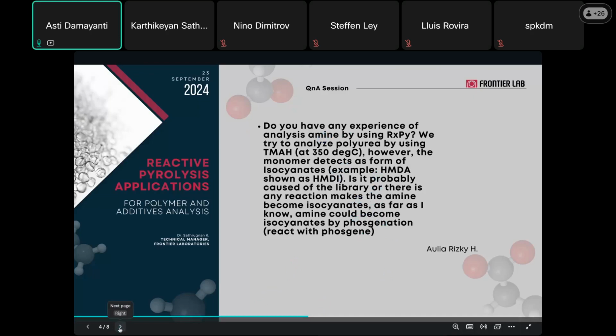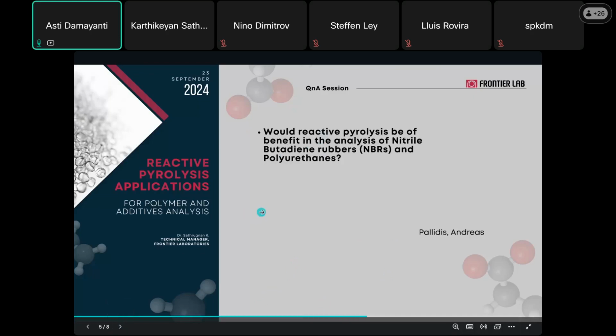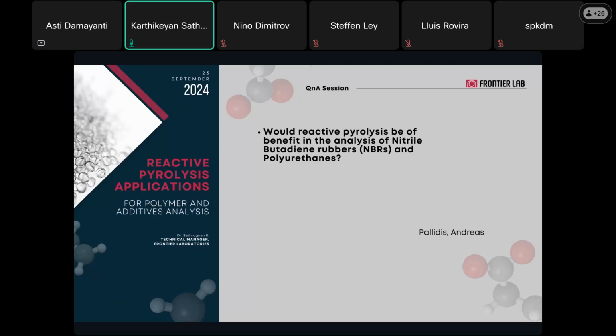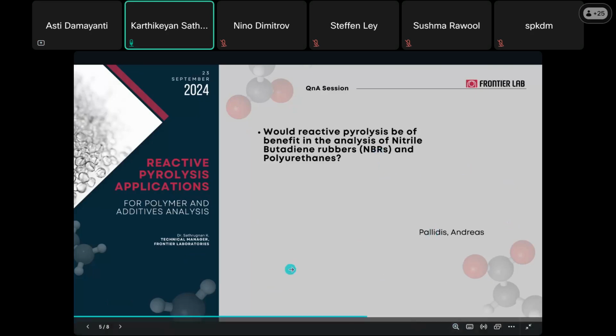And then the next question is from Andreas. Would reactive pyrolysis be of benefit in the analysis of nitrile butadiene rubbers, BRs and polyurethanes? Yes, absolutely. I can quickly recall that when we do microplastic analysis for polyurethanes, we use TMAH, the reactive pyrolysis approach, to go for lower detection limits.